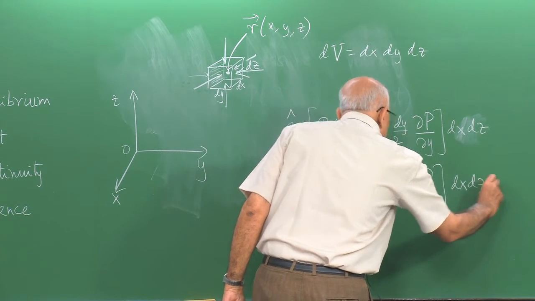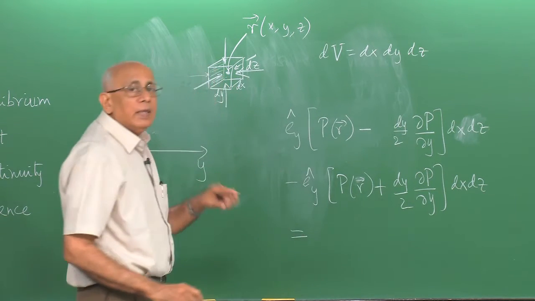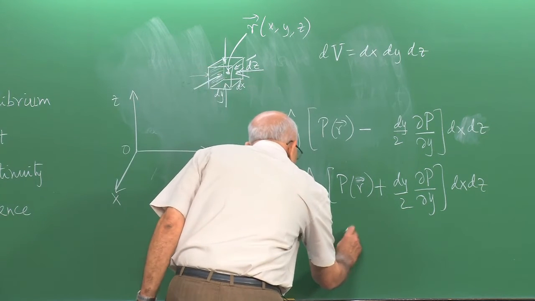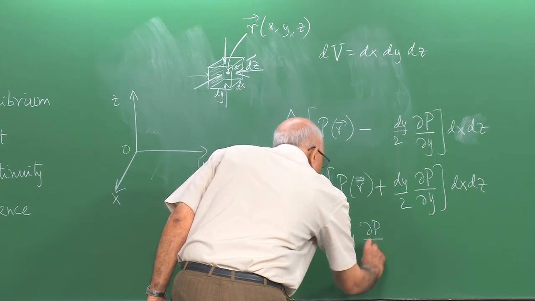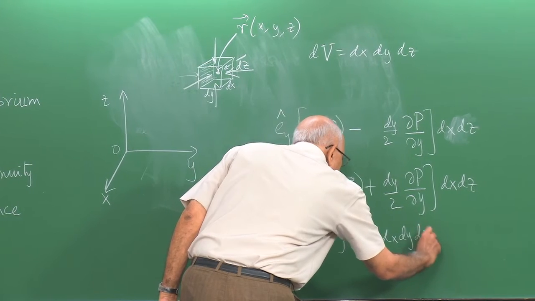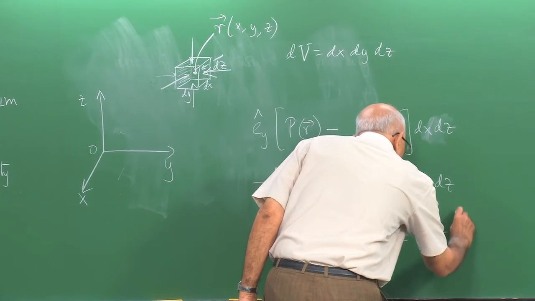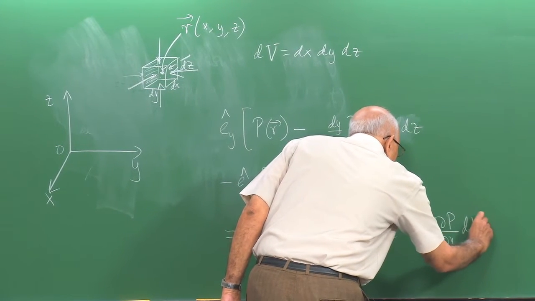dx dz, and when you add these two, the net force in the y direction of this element is equal to minus Ey delta p over delta y times dx dy dz, which is equal to minus Ey delta p over delta y times dV.